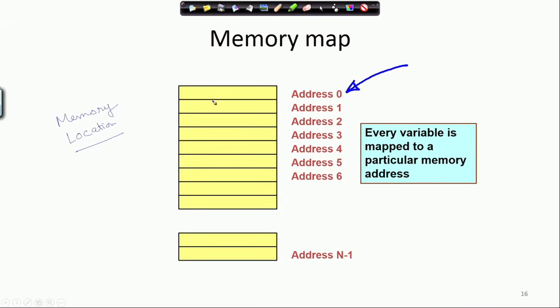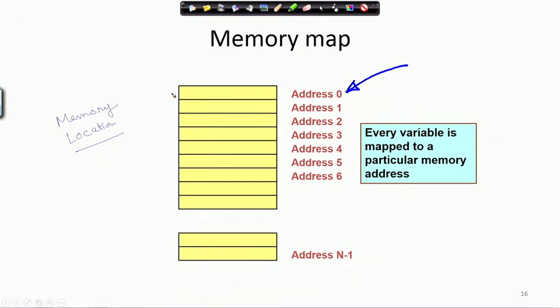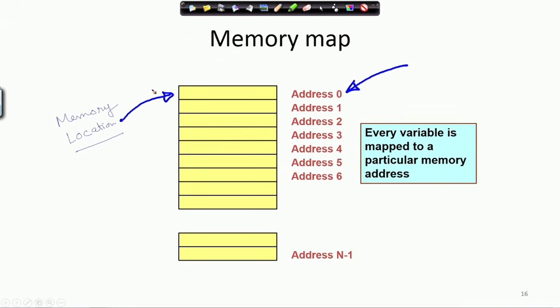Think of a scenario that in a locality there are a number of houses, and each house is a location. Now, I want to reach a particular house, that means a particular location. How can I identify where I should go? For that we need some address. Similarly, in the case of memory, for every location there is an address.